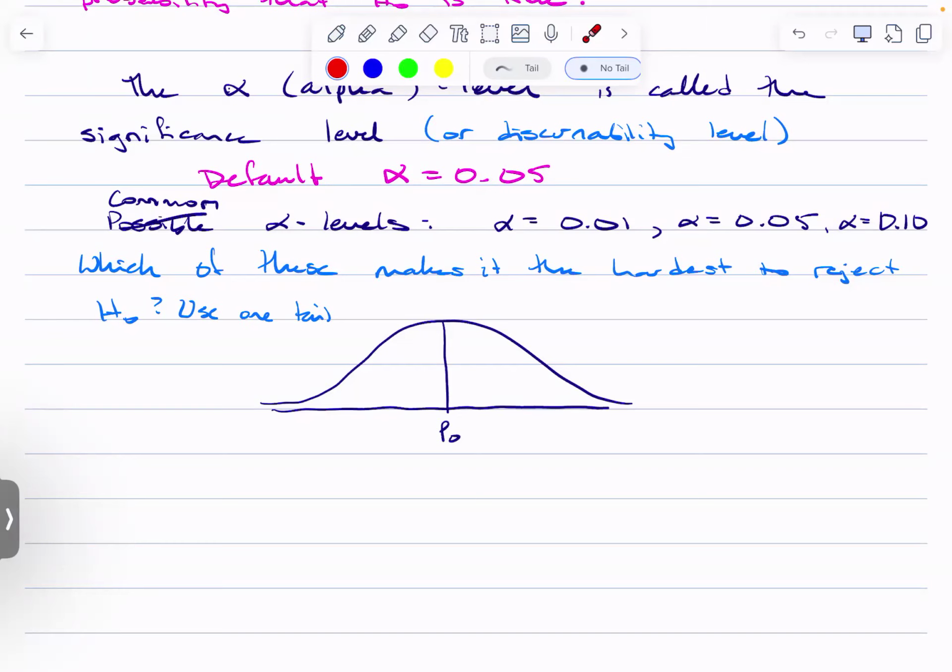I don't like the lower tail. I like the upper tail. If you had to draw a line where the area in the tail is 0.01, let's do an orange line. I would draw it somewhere here. I'm going to force this area to be 0.01.